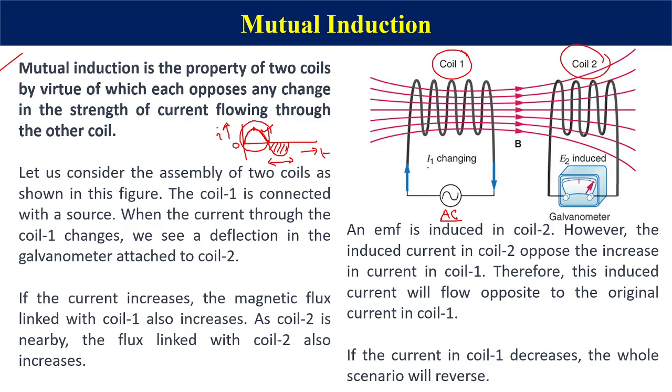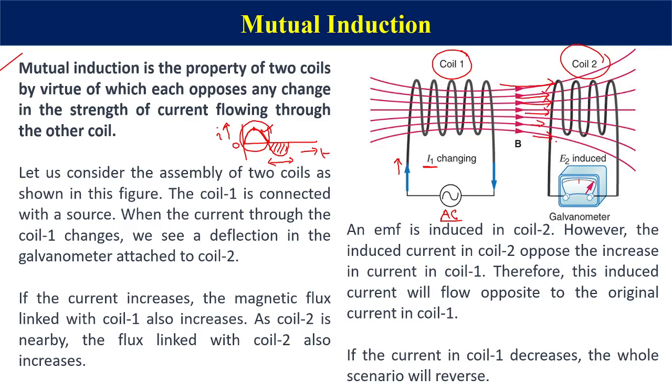In this case, what will happen? This current I1, which is flowing through the circuit 1 or coil 1, is changing with time, or rather it is increasing with time. So as there is a rise in current through this particular coil, the magnetic flux linked with this coil will also increase. Now since circuit 2 or coil 2 is nearby to coil 1, these magnetic fluxes will also flow through coil 2.